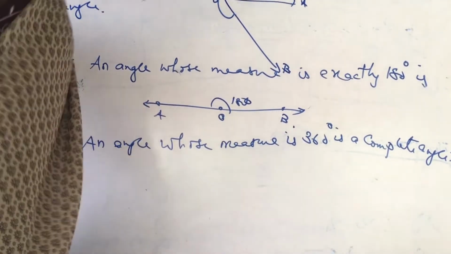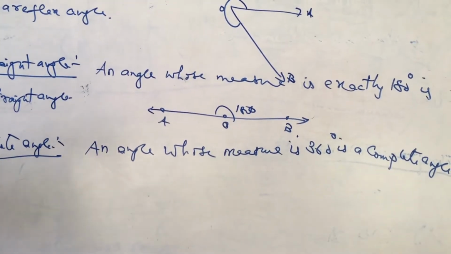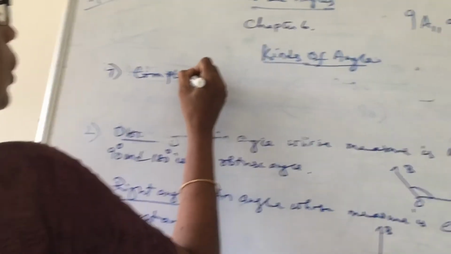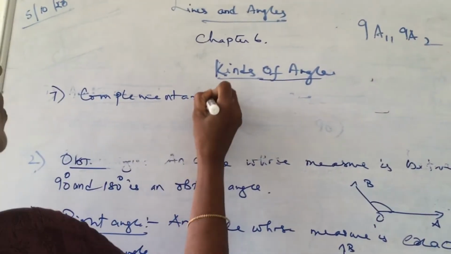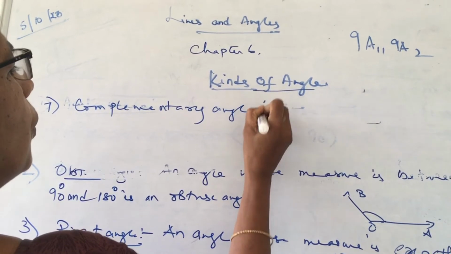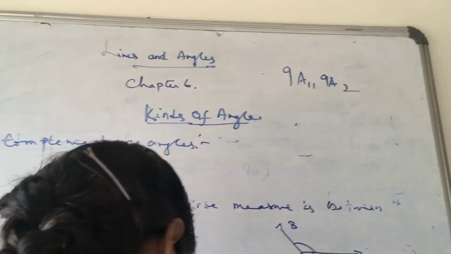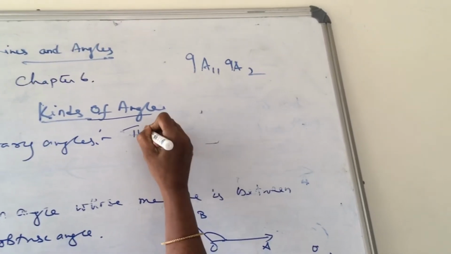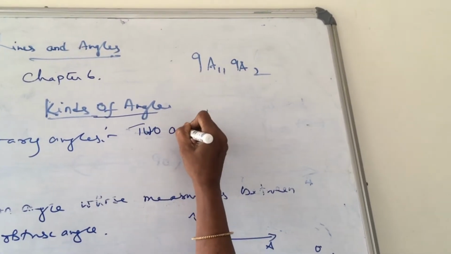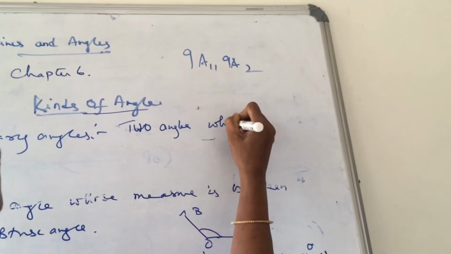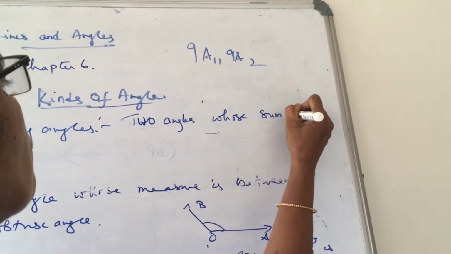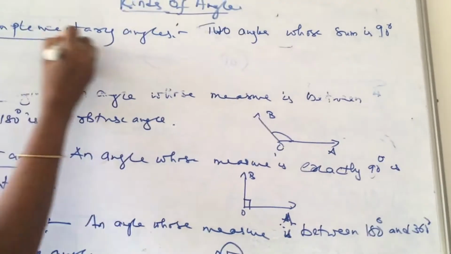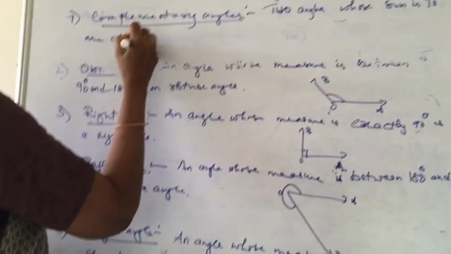Next one, seventh one, complementary angles. Two angles whose sum is 90 degrees are called complementary angles.